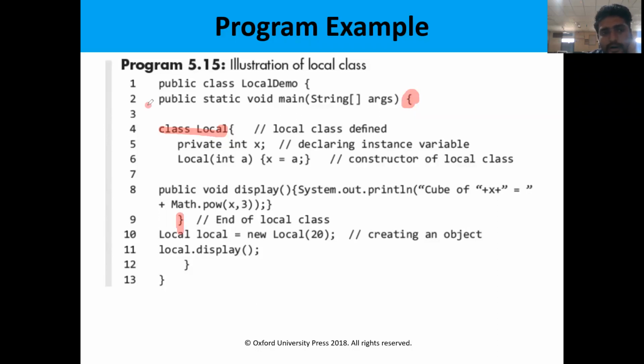That means all these members are local. That means only this local class will access these members. So this class scope is very limited. That's why it is called local class or block class.